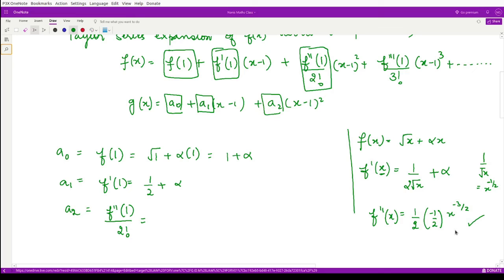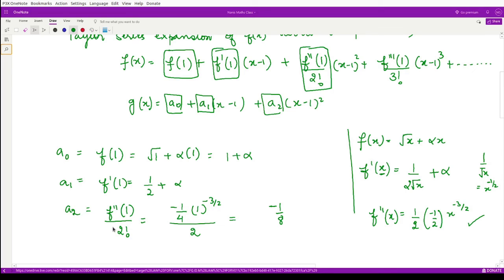When you place 1 instead of x, you obtain minus 1 by 4, 1 to the power minus 3 by 2, and you have 2 factorial, which is equal to 2. Since 1 to the power anything is always 1, this value is minus 1 by 8. So this is the value of a2.